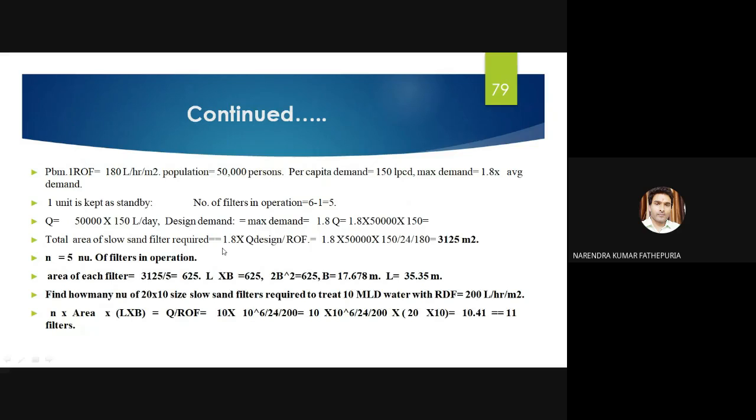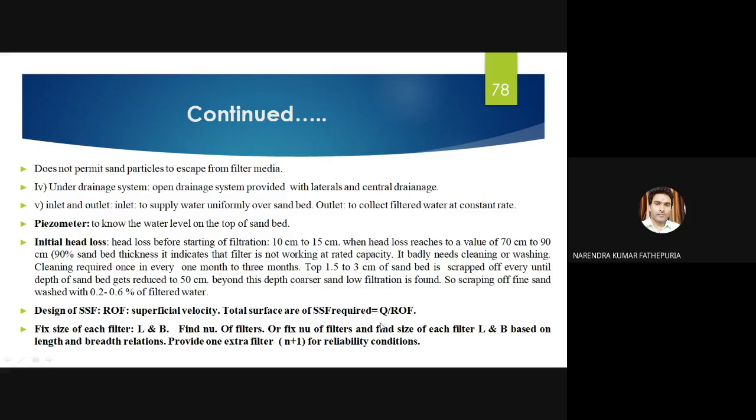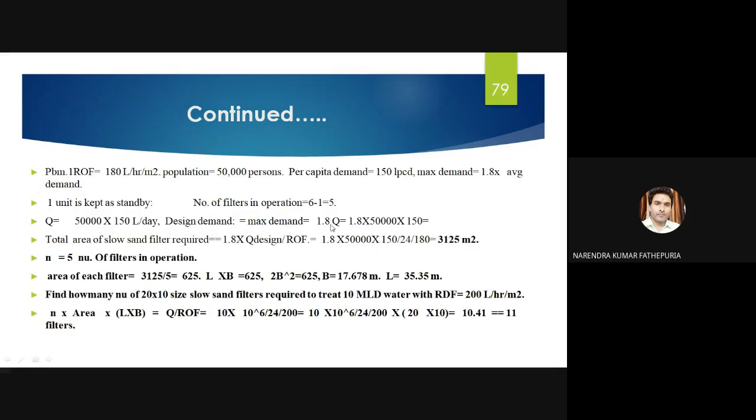Now total area of slow sand filtration required is 1.8 into Q design divided by ROF. This same total surface area required will be Q divided by ROF. So Q you already got, that Q1, and if you divide with rate of filtration, that is given 180 liter per hour per meter square, you will get 3125 meter square area, total area for the slow sand filtration.